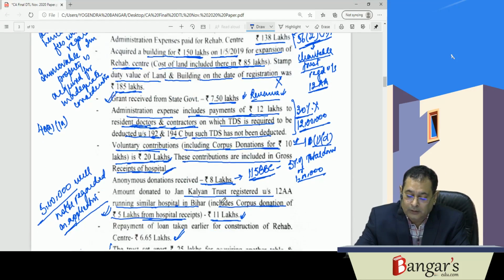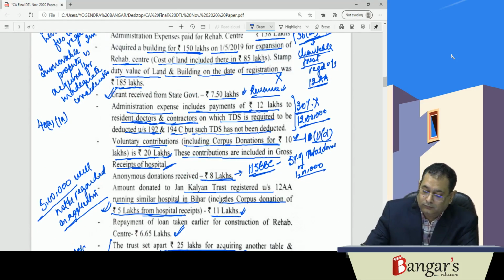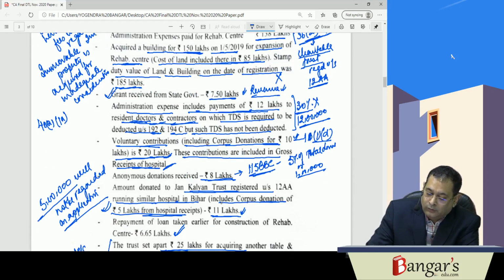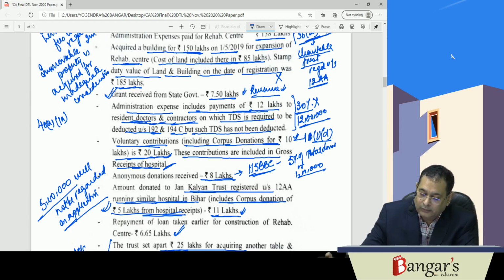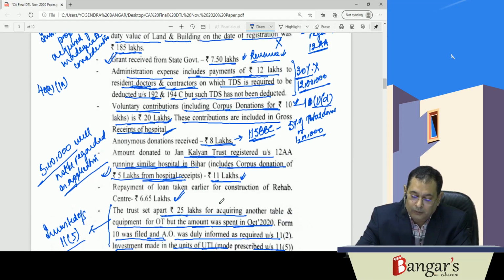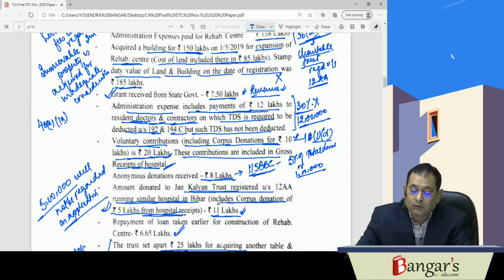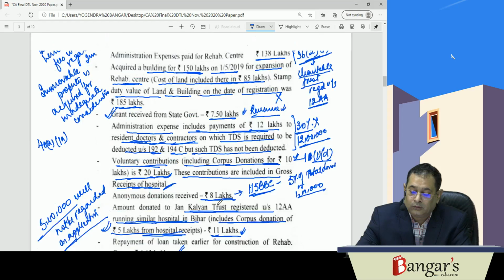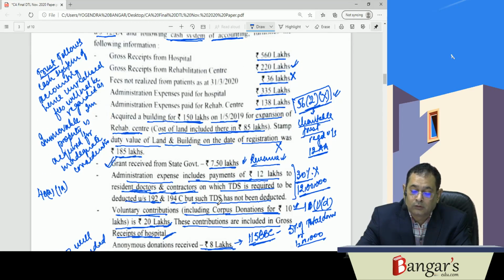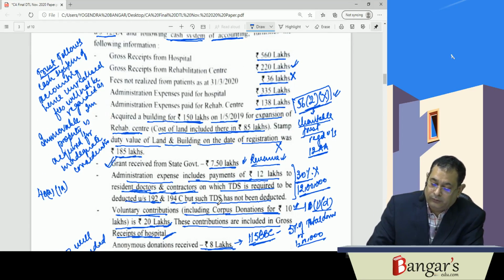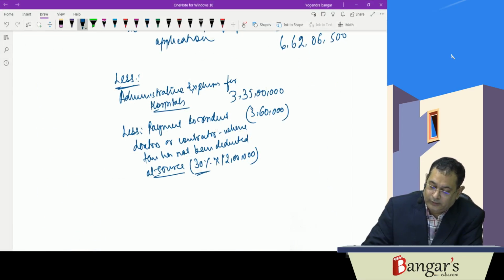Then further they say that the amount donated to this running a similar hospital includes corpus donations of 11 lakh, that is separate. Repayment is separate. This 25 is separate. Only relating to this. Then administrative expenses of rehabilitation center.